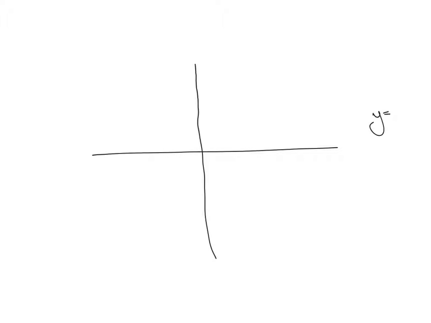To sum up everything, if I was to have a basic graph of y equals x squared, and this is actually what you can do in an exam. If they say draw y equals x squared, I can just draw what I think y equals x squared is, and then call that 0. And of course, when x equals 1, y is going to equal 1. So that's 1 there, and the same on this side.